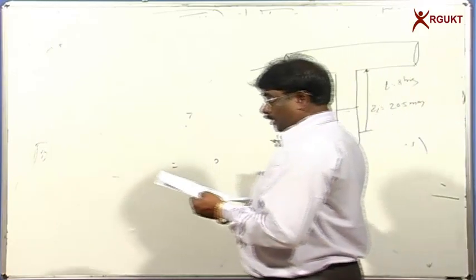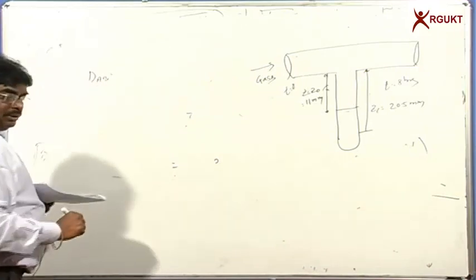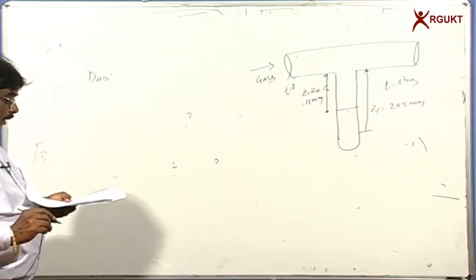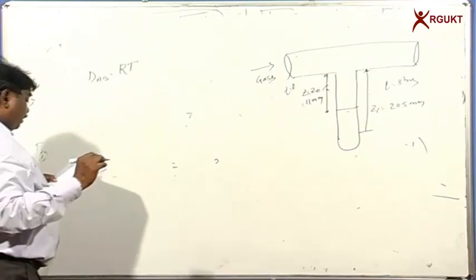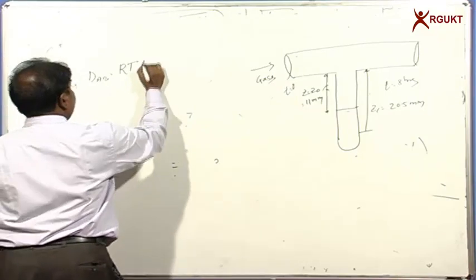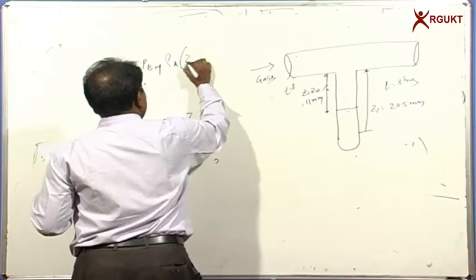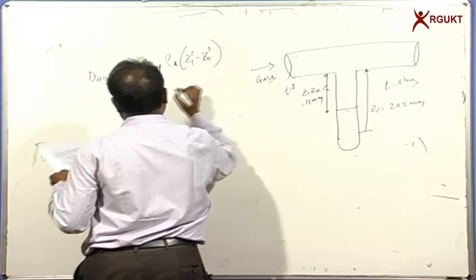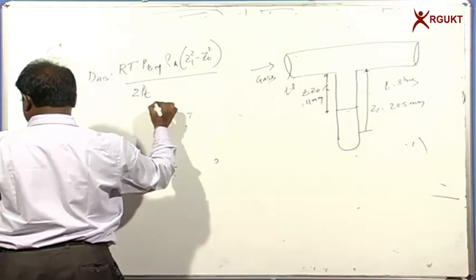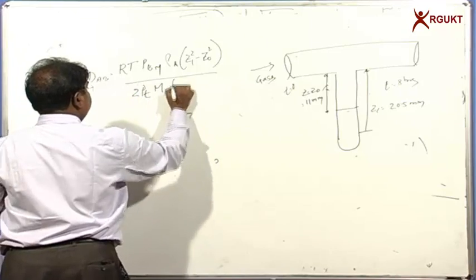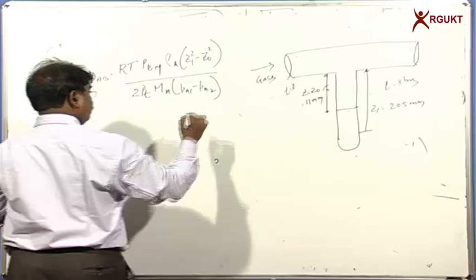We have already derived the expression for the estimation of the diffusion coefficient of acetone in air using an Arnold cell: D_AB equals RT P_BM rho_A (Z1 square minus Z0 square) divided by 2 into PT, M_A, (P_A1 minus P_A2) into t.